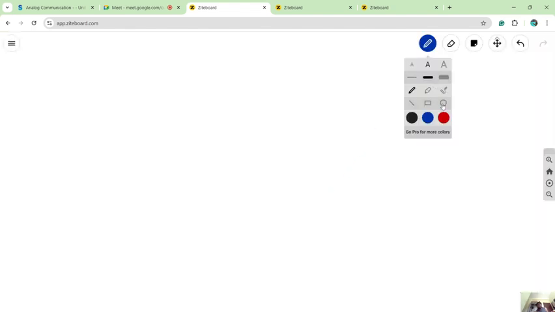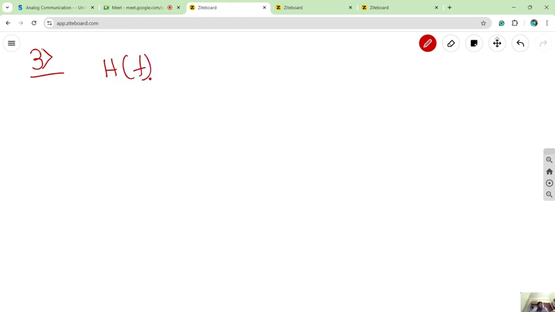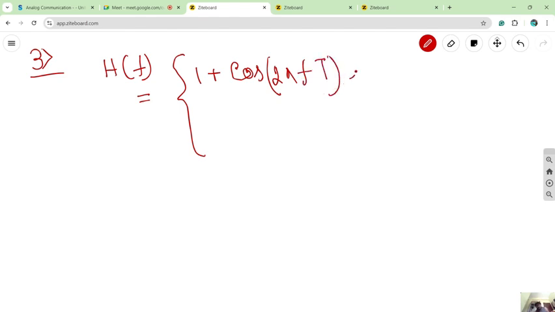Now let us go to question number 3. Suppose H of f is like this: 1 plus cos of 2 pi f t, into exponential of minus 2 pi j f tau, and 0 otherwise.